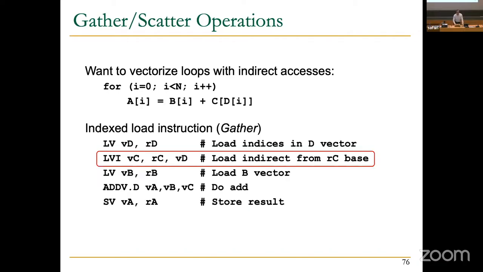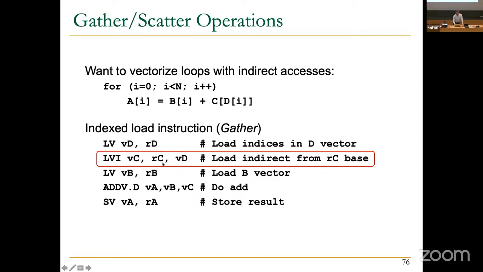So basically, we're going to introduce this index load instruction. What we will do is, so D vector, this D vector is essentially where we load the indices, yeah. And then we do a load indirect from RC base.